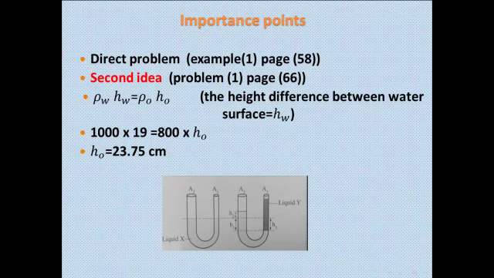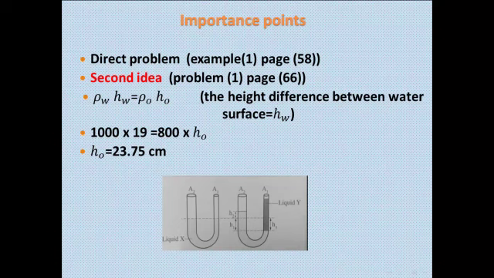So oil pushes the water to rise in the other branch. Excellent. Where are the two surfaces of water? Number one, this is the first surface at the top. Number two, this is surface number two. So if I want to calculate the height difference between the water surfaces, I want to calculate this height.